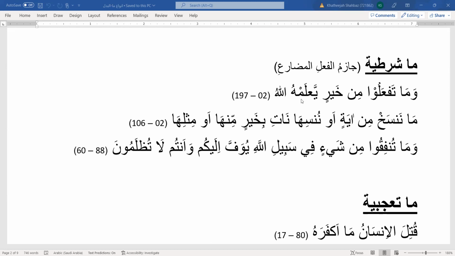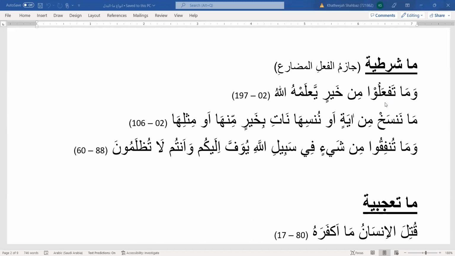Fi'l mudari. And even in verb, it should be al fi'l mudari. Because this cannot happen to al fi'l madi. I chose the examples where only fi'l mudari is used.